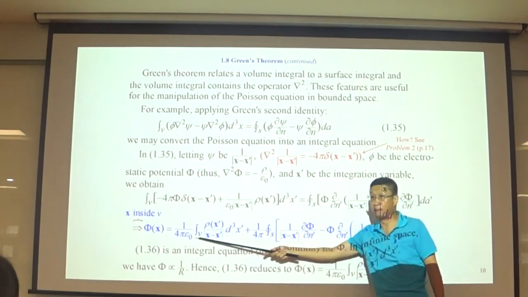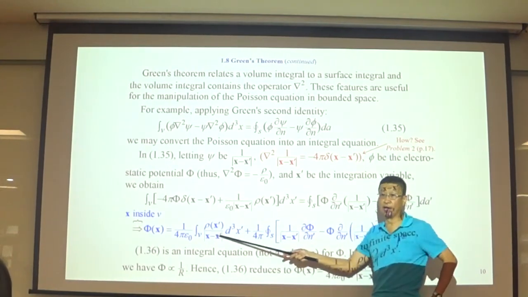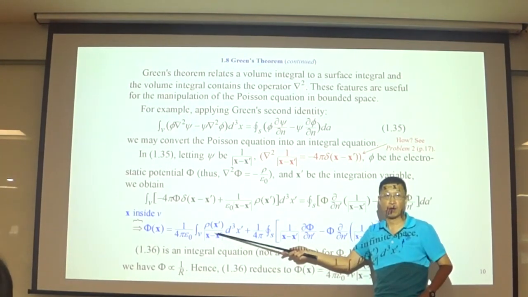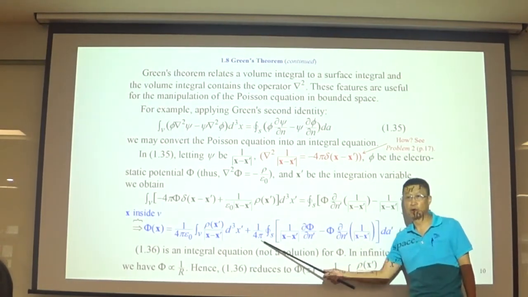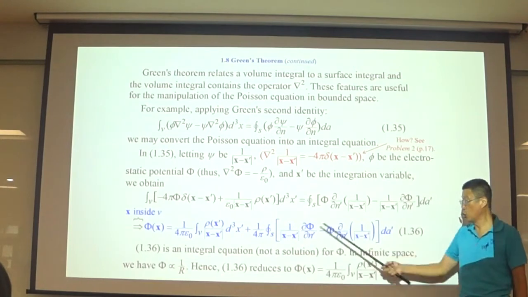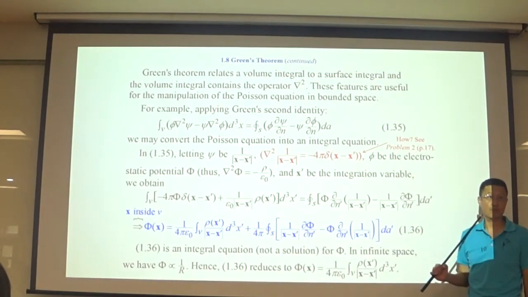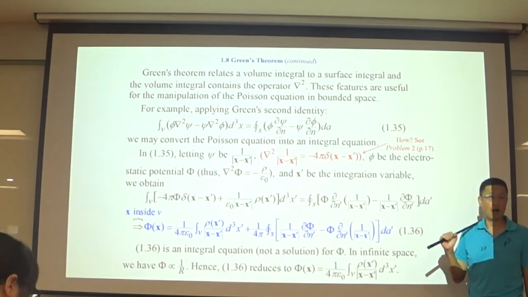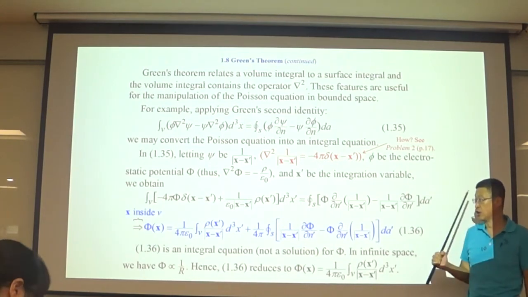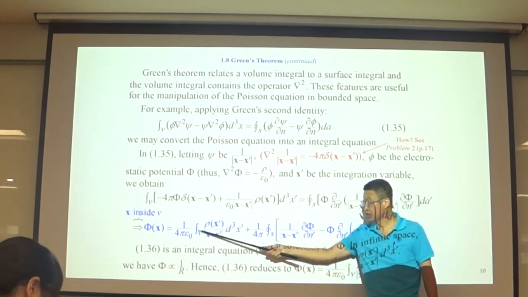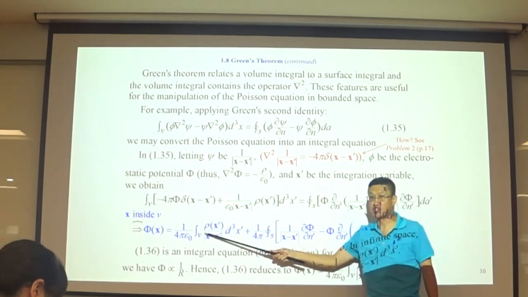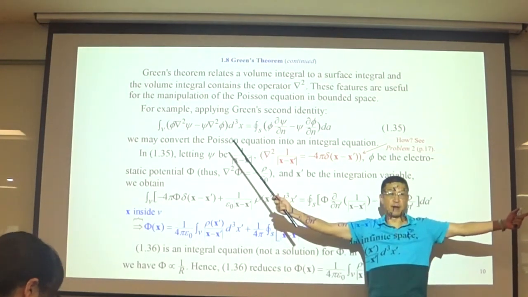We saw this one before, over and over again. However, these two are new. When we were undergraduate students, we just dealt with these terms. But consider infinite space, very, very large space.